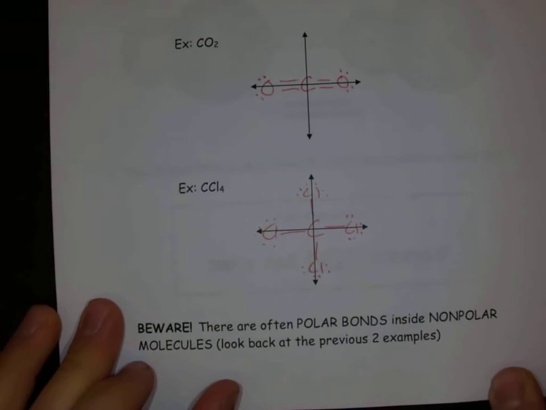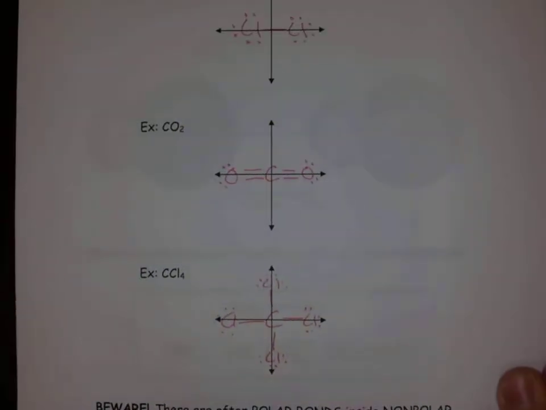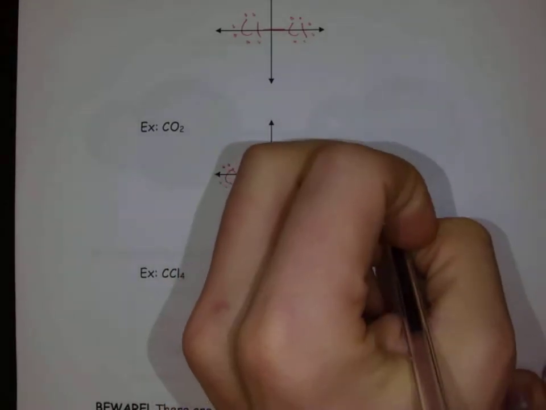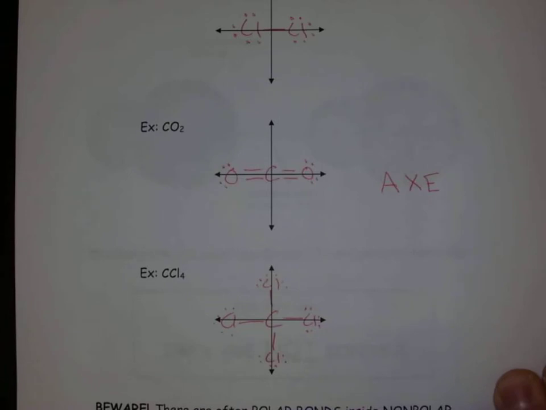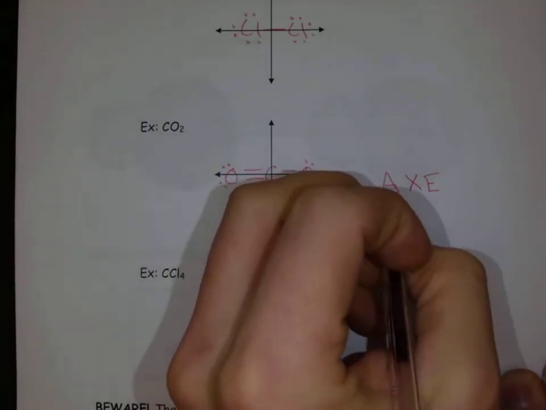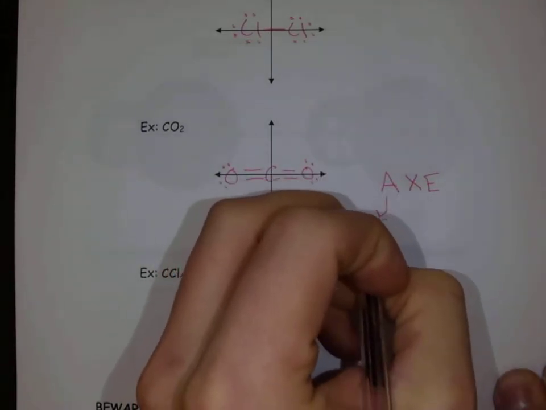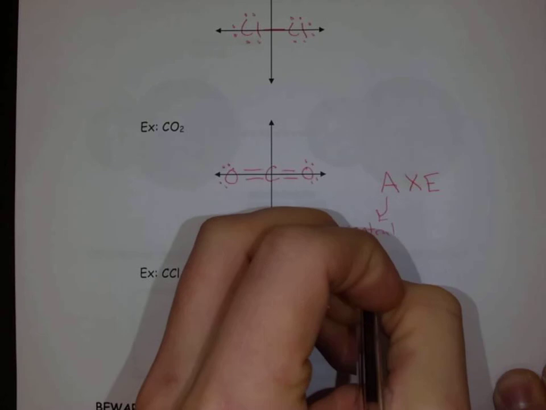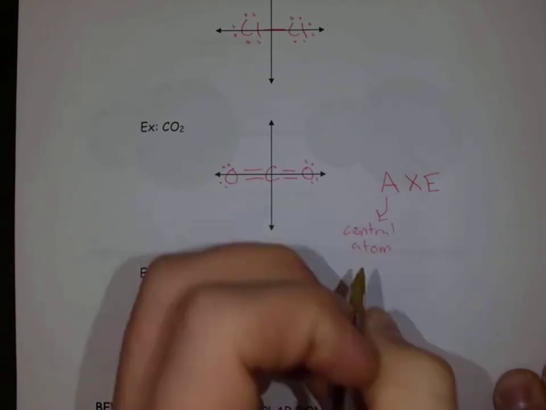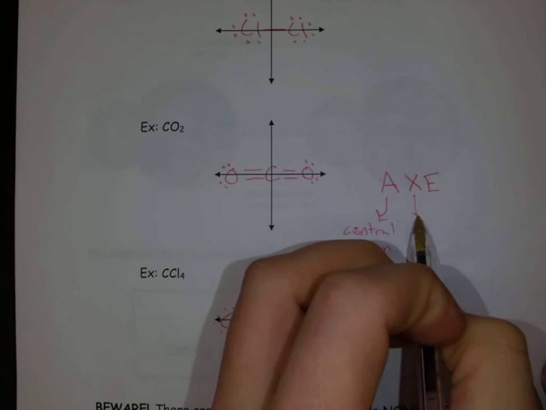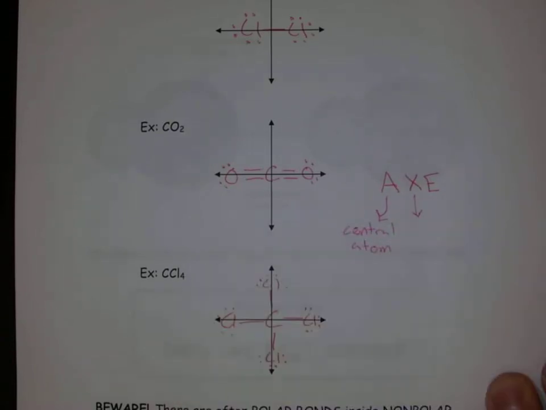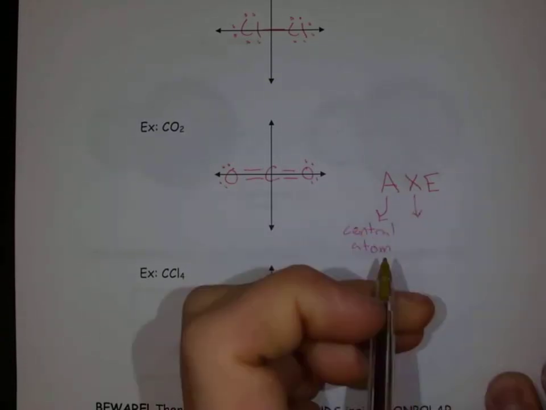So what we want to be able to do now to help us identify our polar molecules and nonpolar molecules is to identify our AXE structure, okay? So A, this is the central atom. We're going to start from a central atom. Then we're going to identify how many pieces are attached, okay? So how many atoms attached?